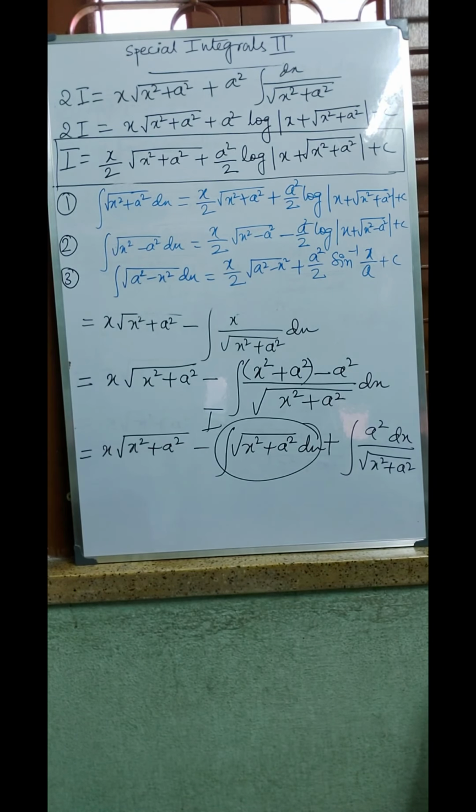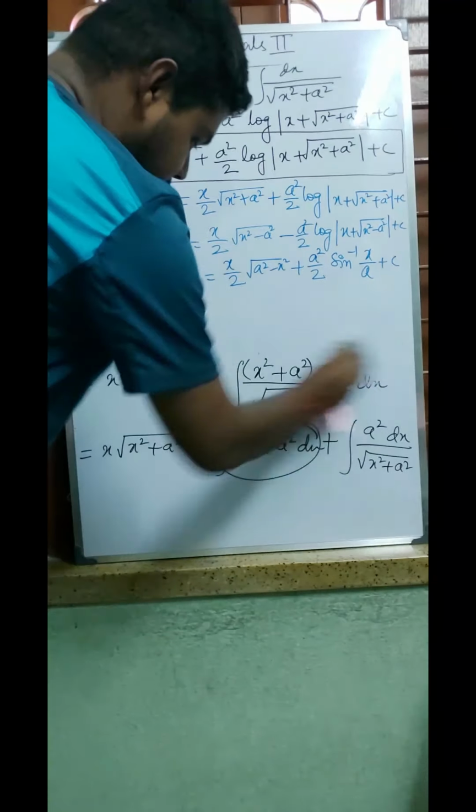Fine. So these are the three formulas which we are going to make use of to solve the problems in this part of the topic. So let us take few problems and let us solve. So let me just clear up the board.